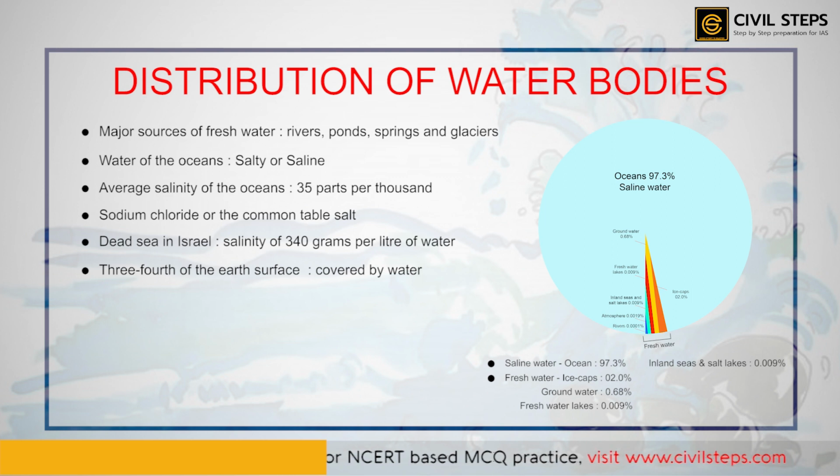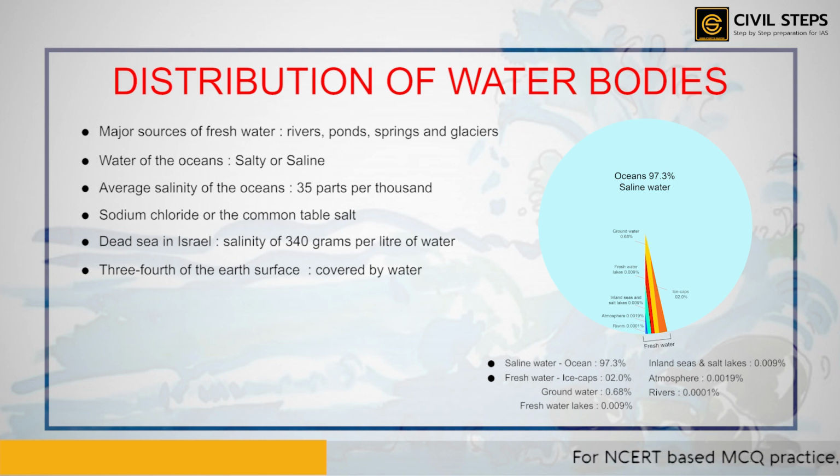Then we have inland seas and salt lakes, which are again 0.009%. Then the atmosphere, which constitutes 0.0019%. And lastly, the rivers, which contribute 0.0001%. Now, the addition of all this makes it 100.